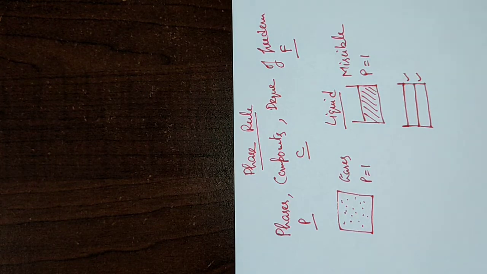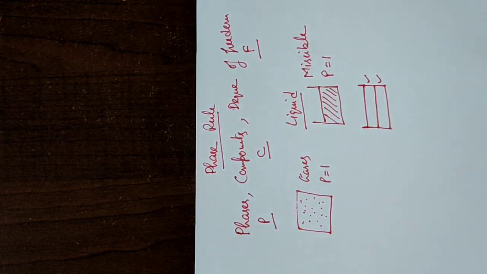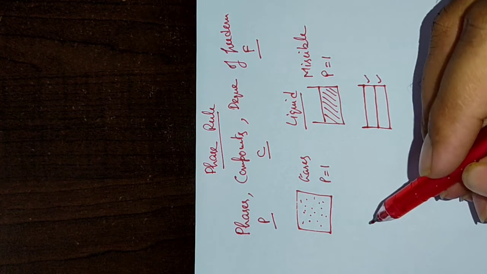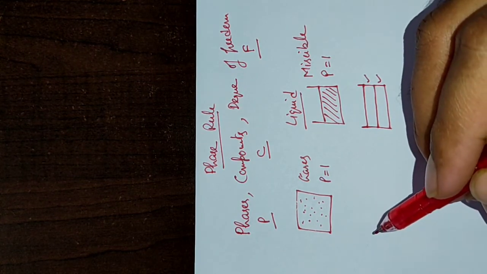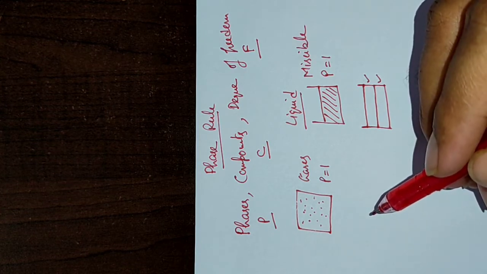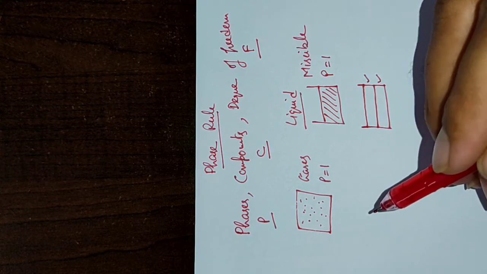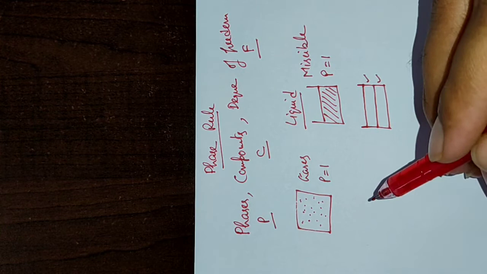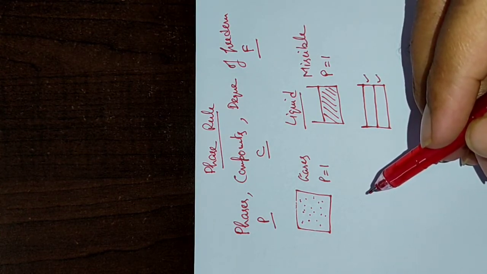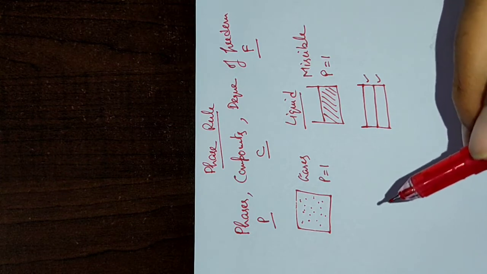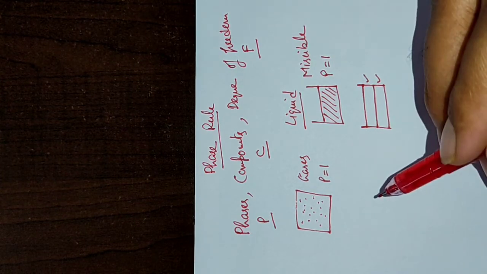Now, what happens for a solid system? Each solid constitutes a single phase. And you also have to consider the allotropes and polymorphic forms, which each contribute a phase. Now, what will you consider for a solid solution, that is, an alloy?